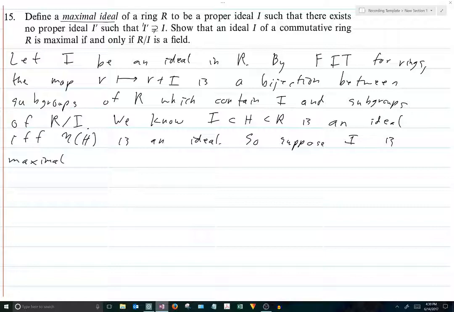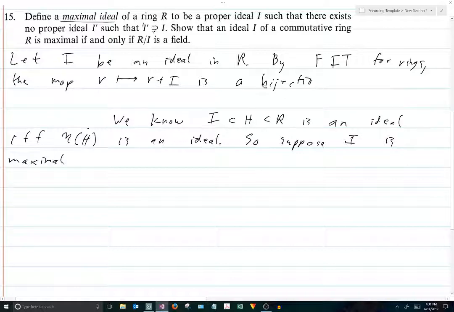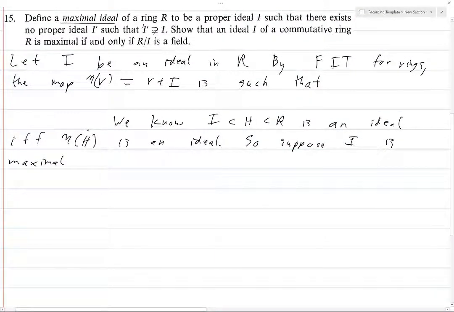The map which sends r to r plus I is such that... the obviousness of eta being an epimorphism is from the fundamental theorem of ring homomorphisms.